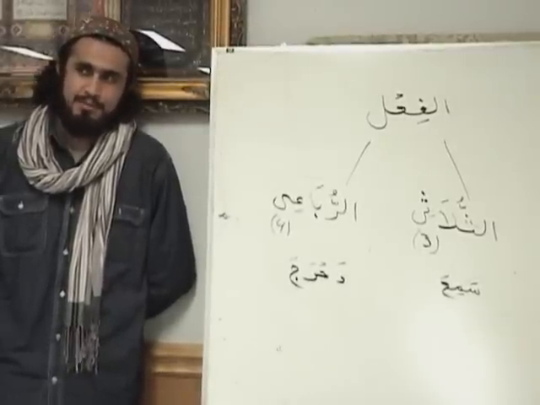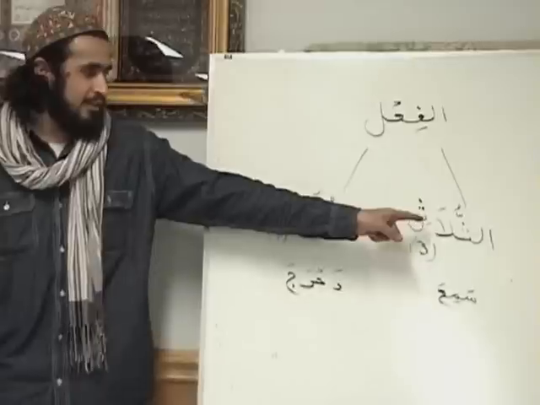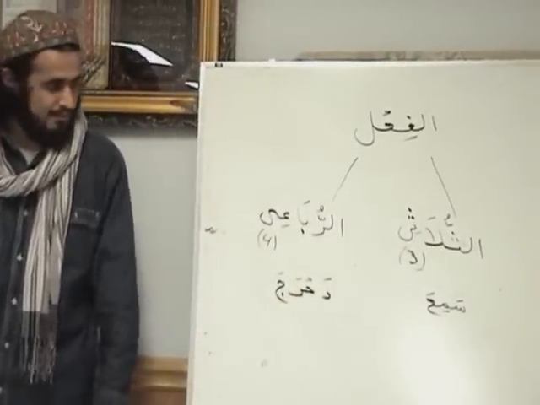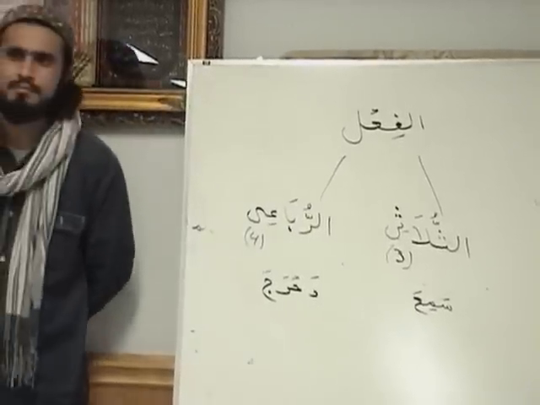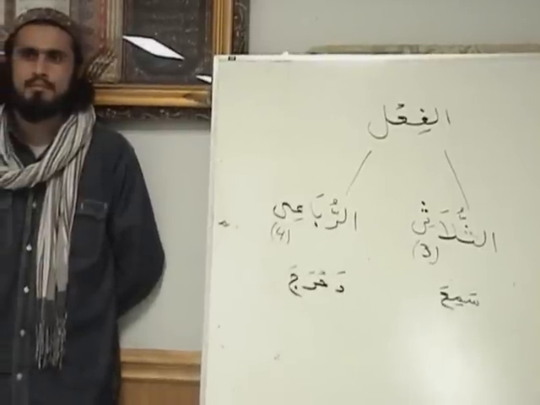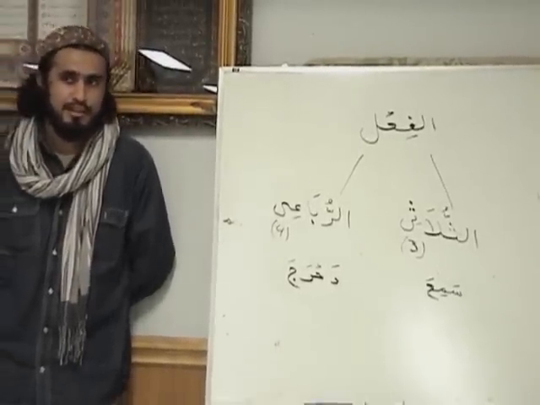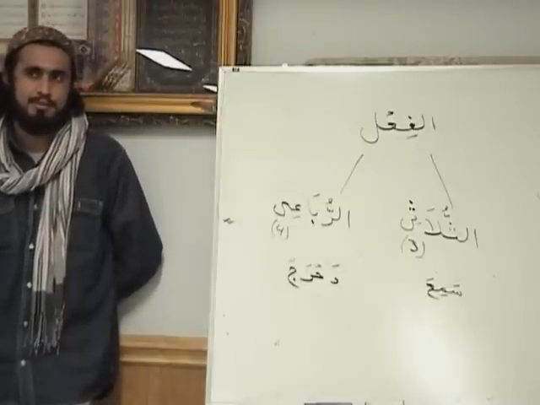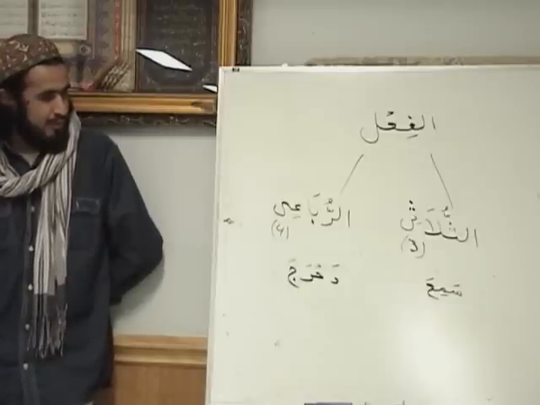The root is still there. So that is still a subcategory of this. But all fi'l in general can be either 3 or 4. The original root letters can be either 3 or 4. And the things that you derive from it can have more letters, can have up to 7 letters perhaps. So sami'a and dahraja are 2 examples.